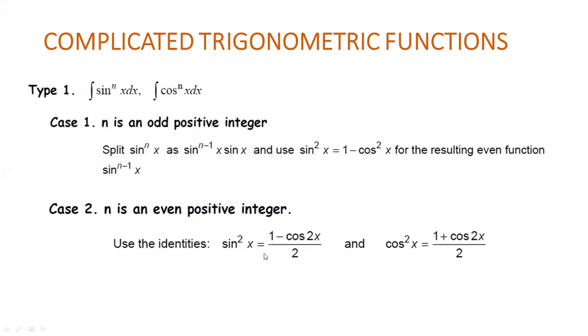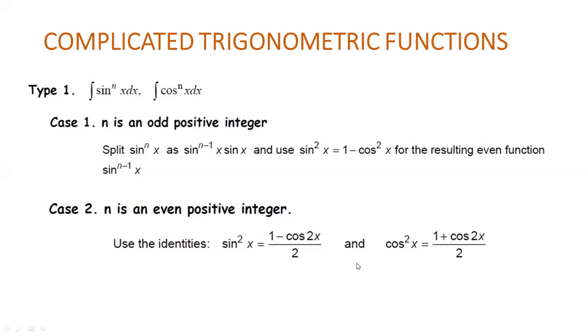So if it's sine squared of x, that would mean that you have to use the identity 1 minus cosine 2x over 2. What happens here is you double the angle in the original given sine function. So if this is sine squared 2x, this would be 1 minus cosine of 4x. The divisor of 2 is fixed.